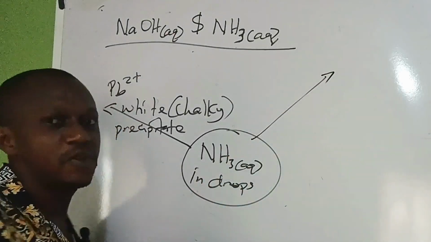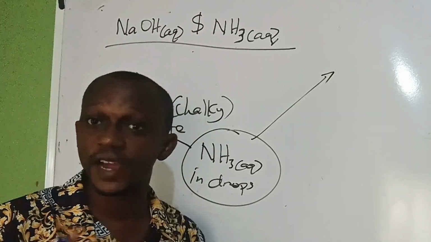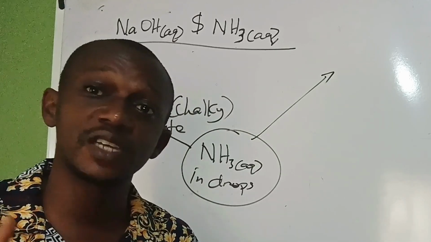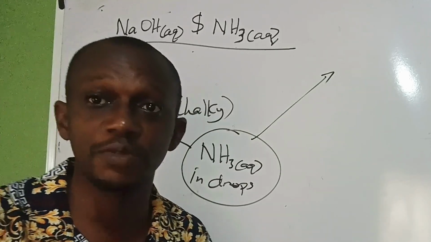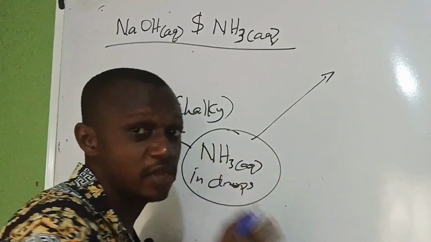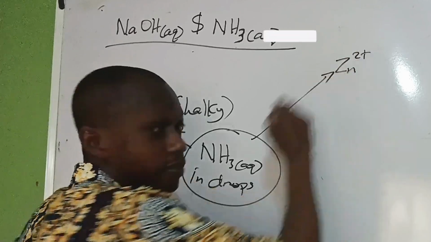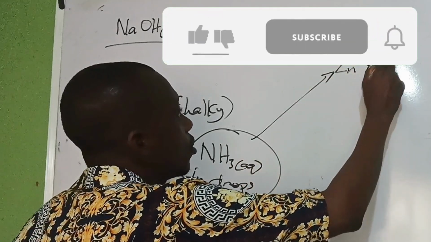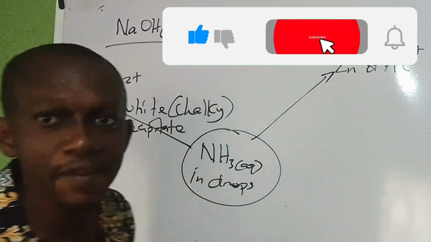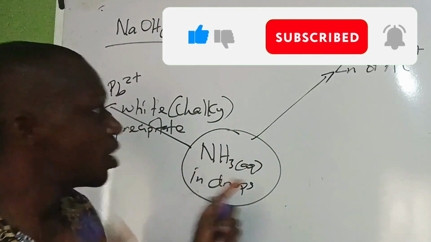Now, if you observe a white gelatinous precipitate, very similar to what you observe in sodium hydroxide also, you have to infer two ions. The ions are zinc, Zn2+, or Al3+. The same thing is the case with ammonia.